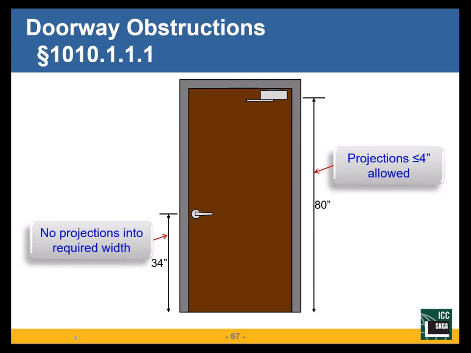But in a quick nutshell, all my required exits have to be accessible. They have to meet the accessibility requirements. So if I have exit doors in my building, they have to meet the accessibility requirements. Don't disregard it.